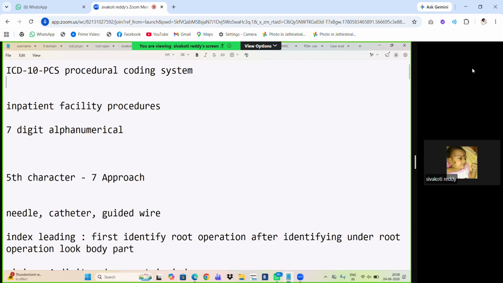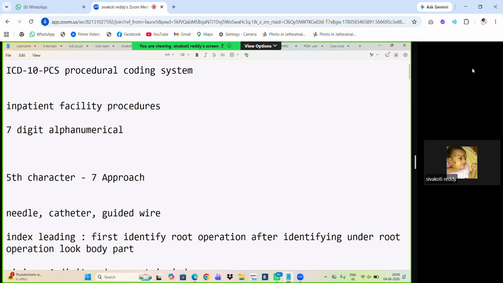Okay, so these PCS codes are used in the inpatient facility procedures.